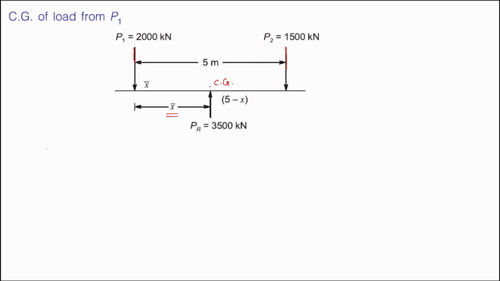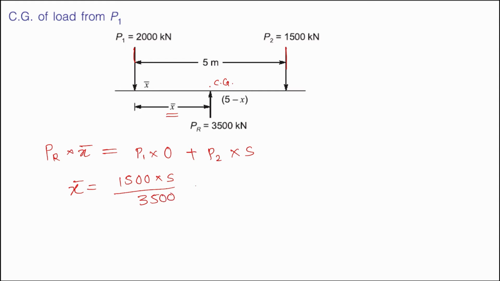So P R, the reaction, into x bar equals P1 into 0 plus P2 into 5. Therefore x bar will be 1500 into 5 divided by 3500, which gives x bar as 2.143 meters.